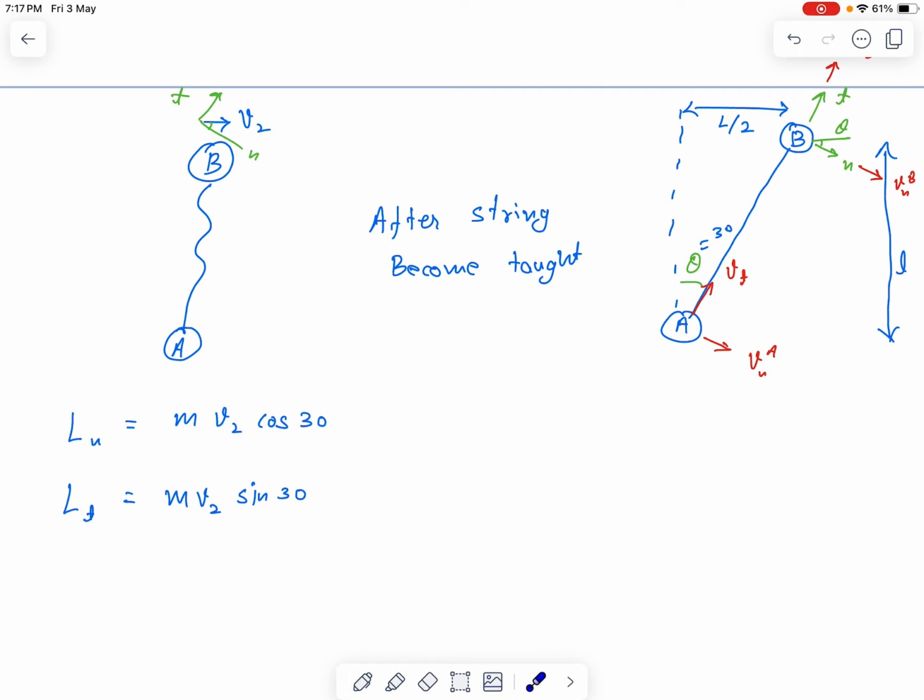Similarly, here Ln can be written as m into Vnb plus m into Vna, and in the tangential direction it can be written as 2m times Vt.